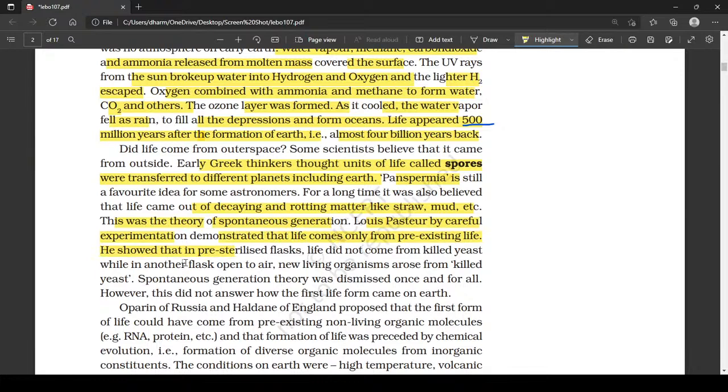He showed that in pre-sterilized flasks, life does not come from killed yeast, while in another flask open to air, new organisms arose from killed yeast. The spontaneous generation theory was dismissed once and for all. However, this did not answer how the first form of life came on Earth.